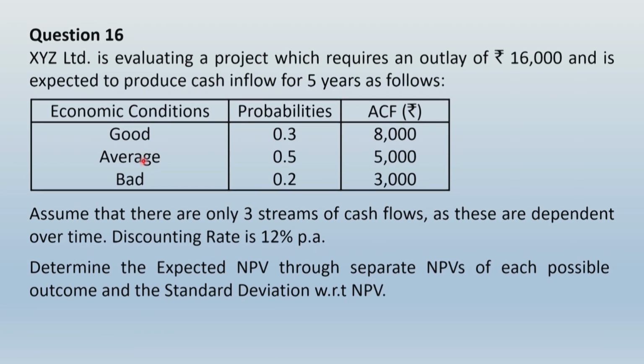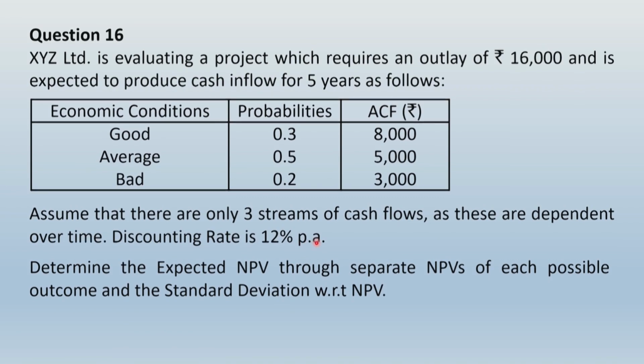If it is average, it will remain average for all 5 years. If it is bad, it will be bad for all 5 years. That means there will be only 3 streams of cash flows. In other words, only 3 different paths with the given probabilities and cash flow estimates.